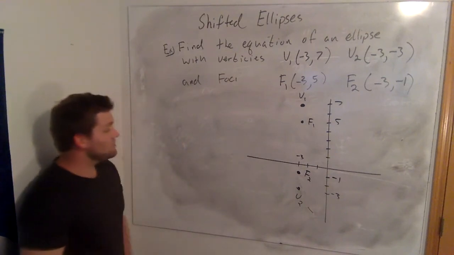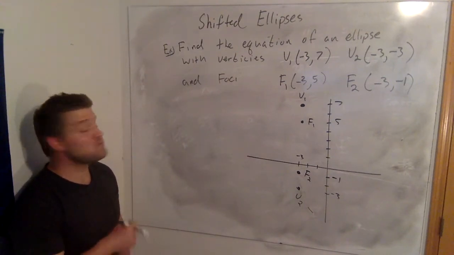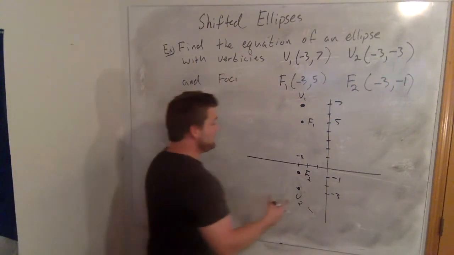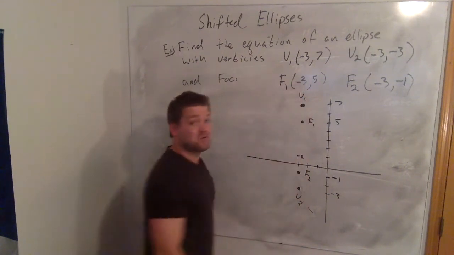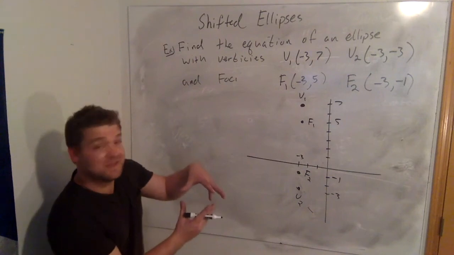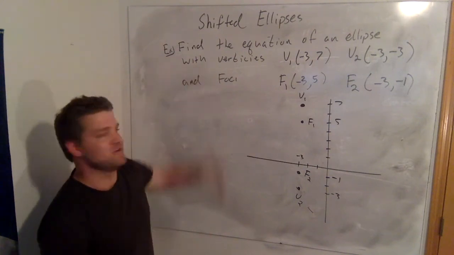Now the thing to realize here is this is already telling us about our orientation. All of these points, the foci and the vertices, are lying along a vertical line. This is telling me that the ellipse is going to be elongated more in the y direction.